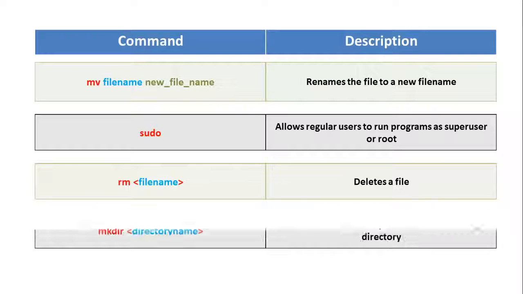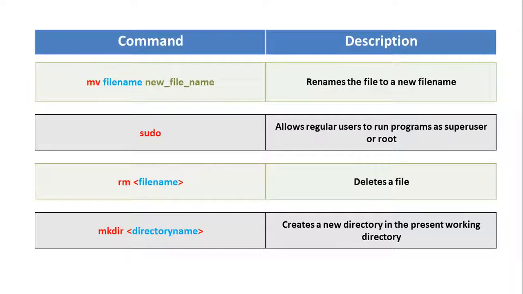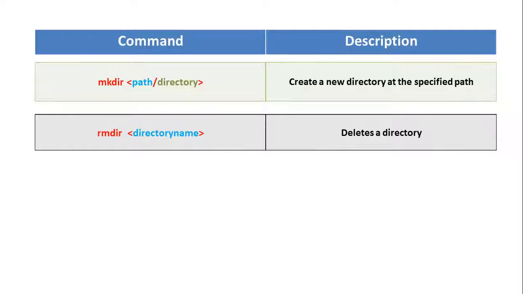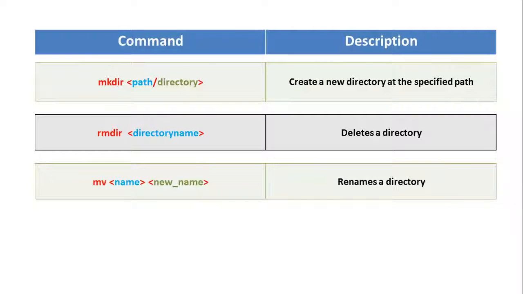The mkdir command followed by the directory name would create a new directory in the present working directory. Using the same command followed by the path and the directory name would create a new directory at the specified path. rmdir would remove a directory from the system.